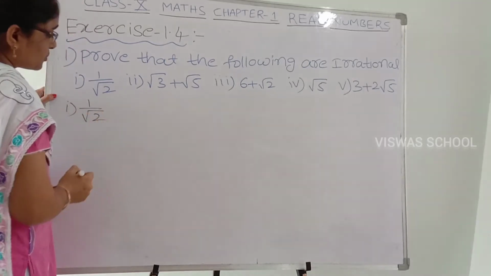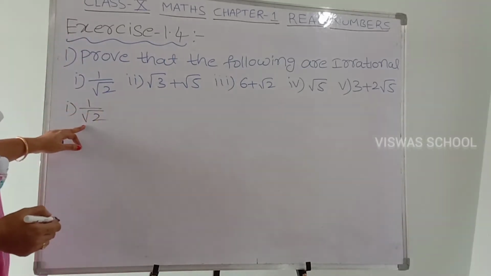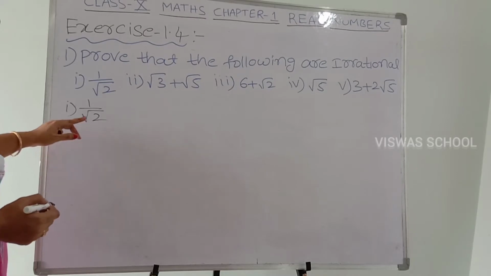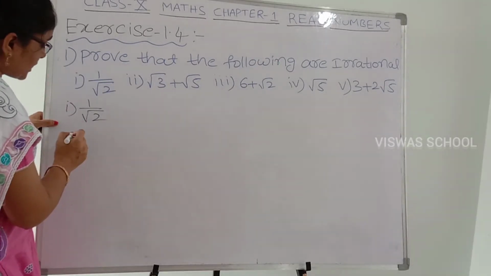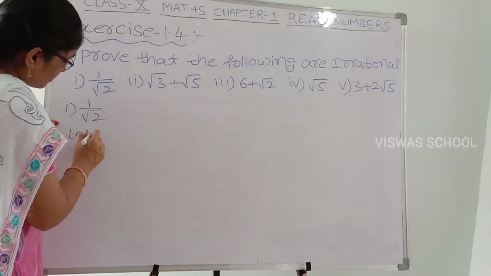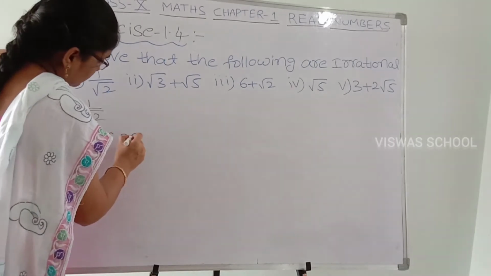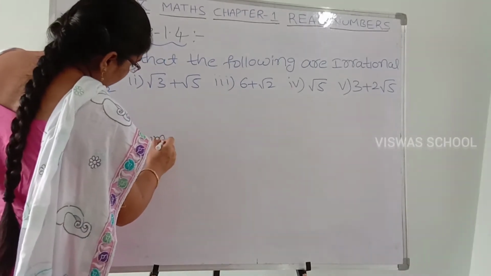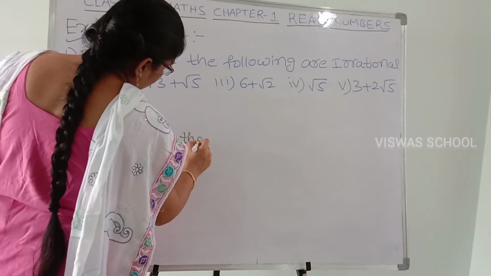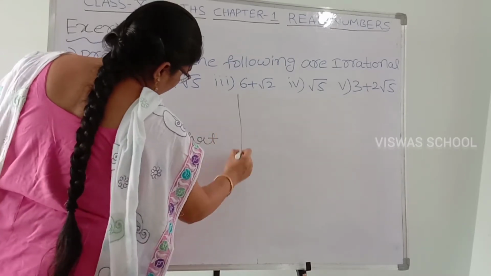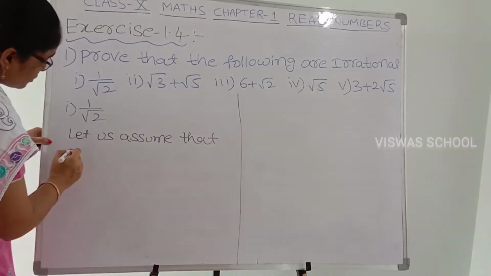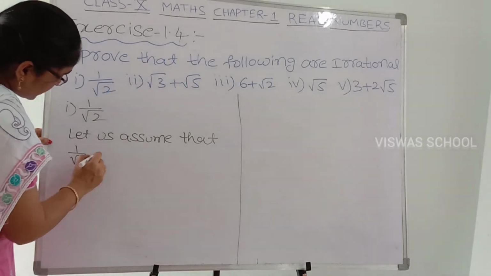Here we have to prove that 1 by root 2 is an irrational number. To prove this, first let us assume that 1 by root 2 is rational.